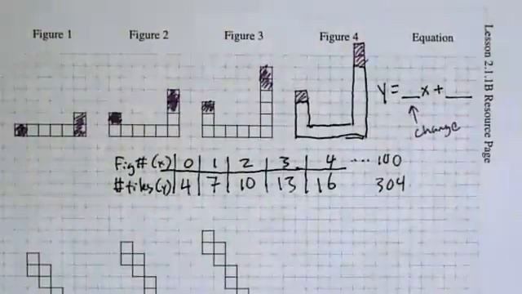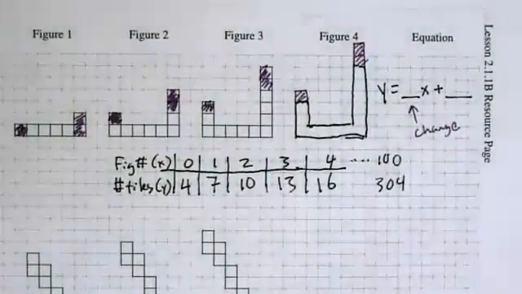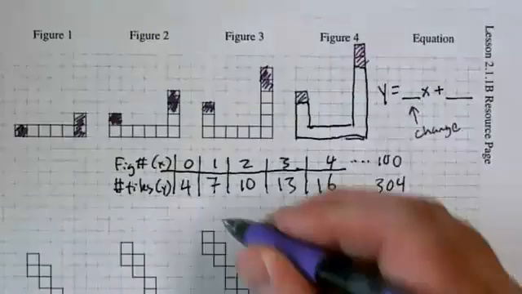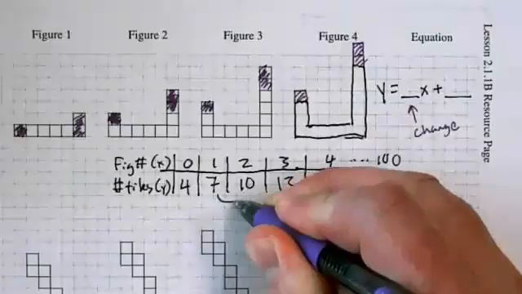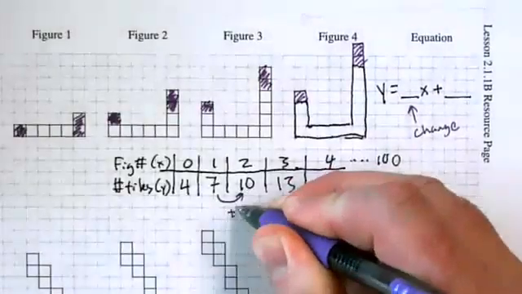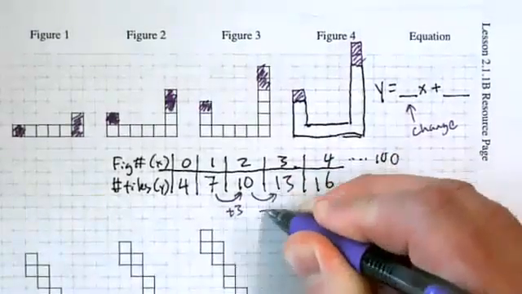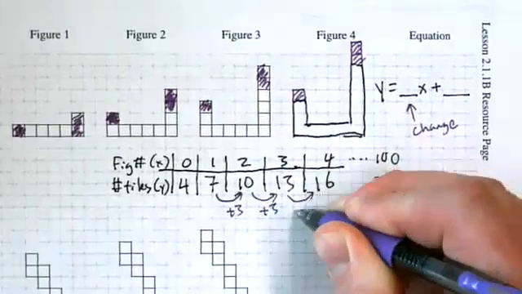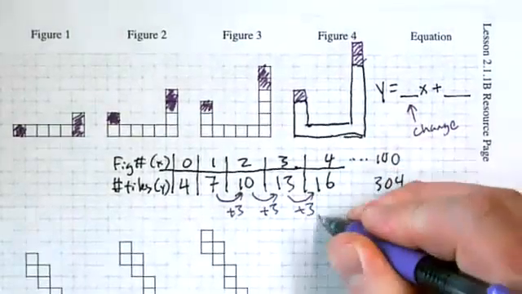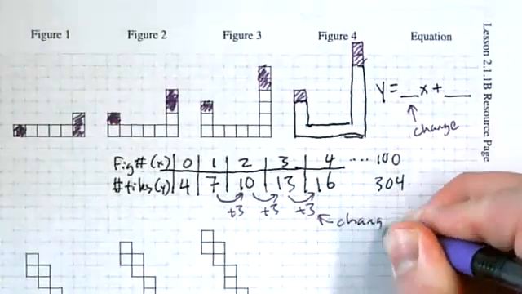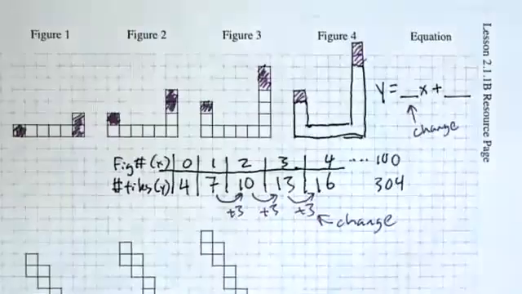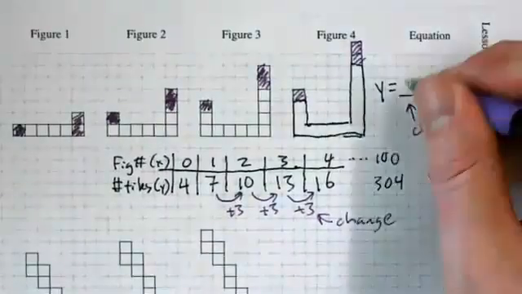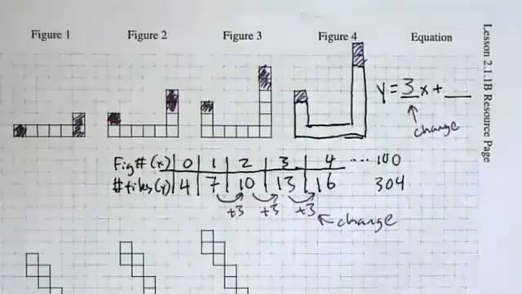You would say 3. We're adding 3 new tiles each time, right? And we can look at our table here and see from 7 to 10, what are we doing? We're doing plus 3. From 10 to 13, that's plus 3. From 13 to 16, that's plus 3. This right here is our change. So the amount you're changing by goes in this spot. And for this equation, it's 3.